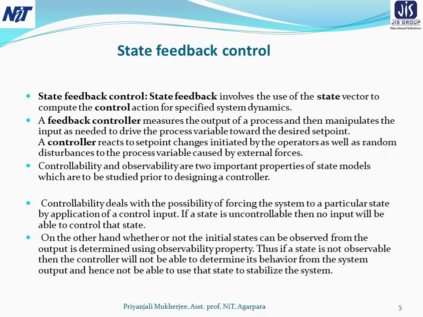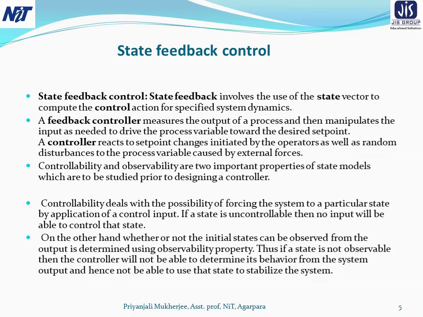Controllability deals with the possibility of forcing the system to a particular state by application of a control input. If a system is not completely state controllable, then no input will be able to control that state.